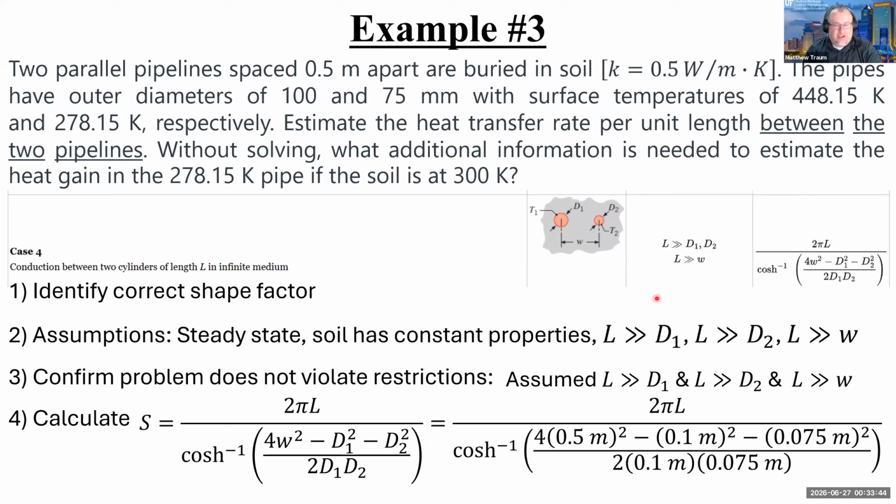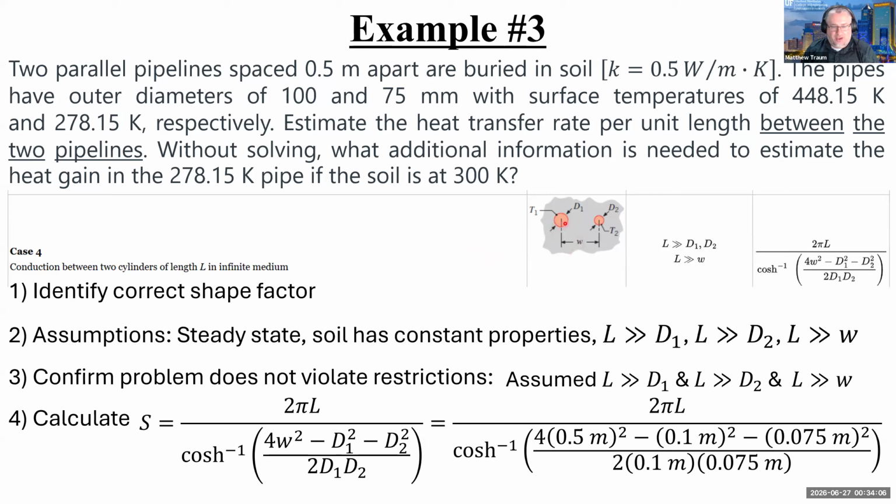We're asked to estimate the heat transfer rate per unit length between the two pipes. I underline that because I want to emphasize we're not worried about heat transfer from the pipes to the surrounding medium. We're worried about the heat transfer from the pipes to each other. That is an important distinction because this shape factor does that for us.